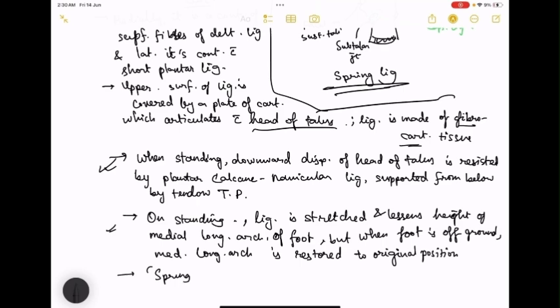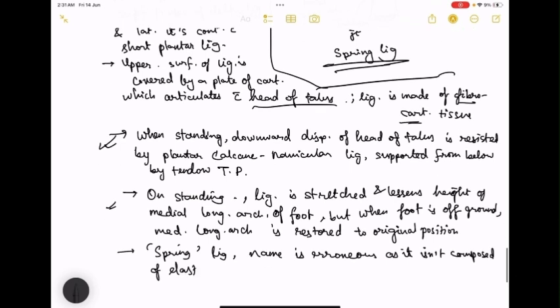Spring ligament name is erroneous, as it isn't composed of elastic tissue. I'll explain this once I'm done writing.